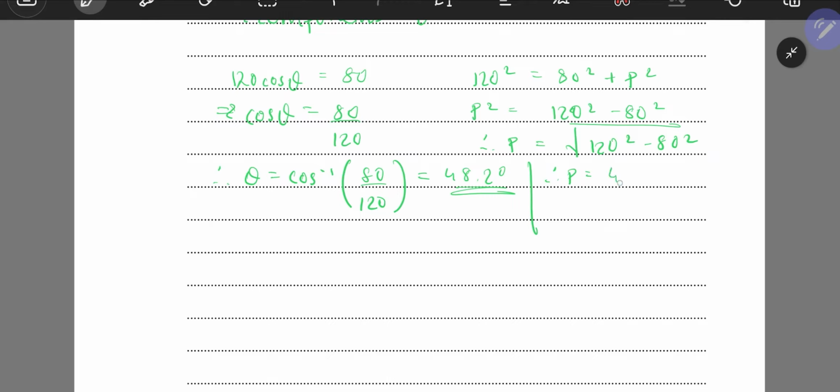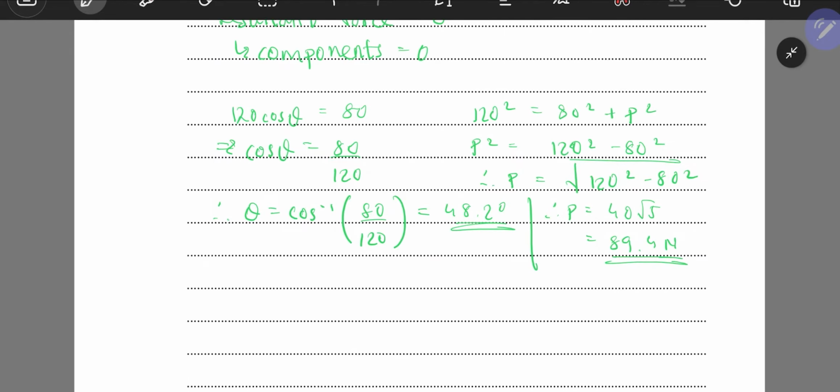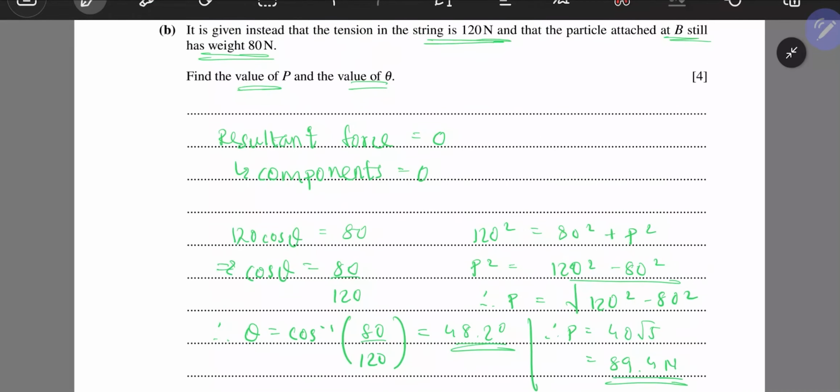So it's 40 root 5, which is roughly 89.4 newtons. So P is 89.4. The new value of theta is 48.2.